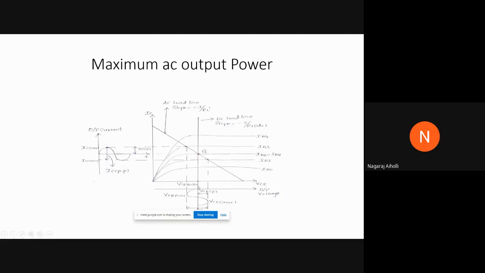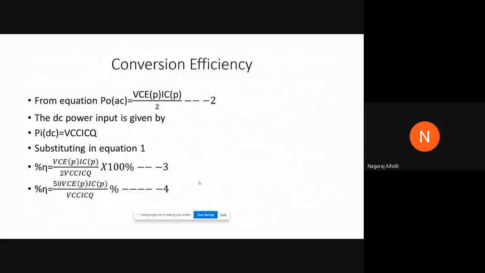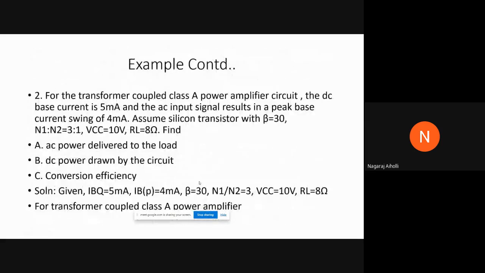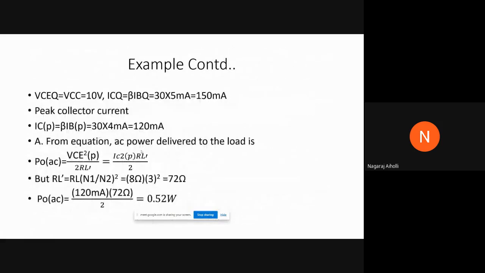So write it, VCEQ is equal to VCC. What is the VCC value? It is given, it is 10 volt. VCEQ is equal to VCC equal to 10 volt.